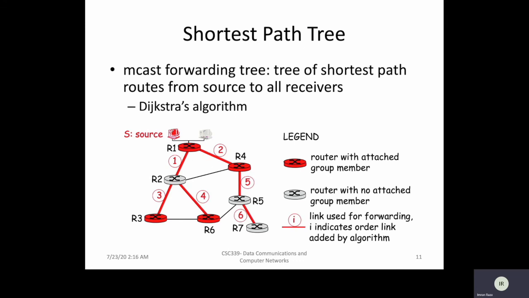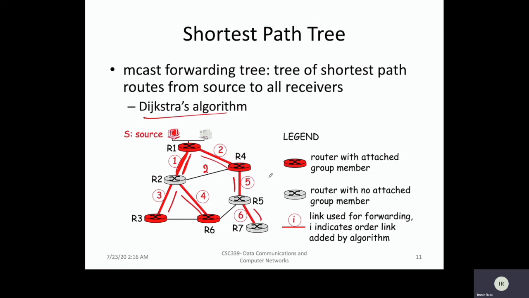So here, for example, this is the source, and this tree is source-based. I have to find the shortest path back to the source. Say to identify the shortest path, I'm making use of Dijkstra's algorithm. I can also make use of Bellman-Ford, by the way, right? So again, this way I will construct a tree that will be followed to send multicast packets to all the group members attached to this tree.